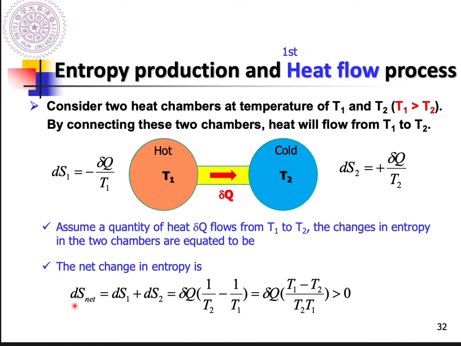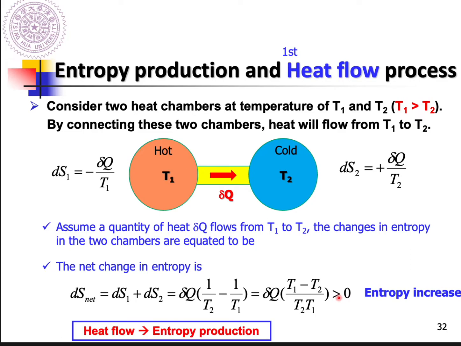So the net entropy change is positive, right? So the heat flow process increases the total entropy of the system, and that will cause the entropy production.